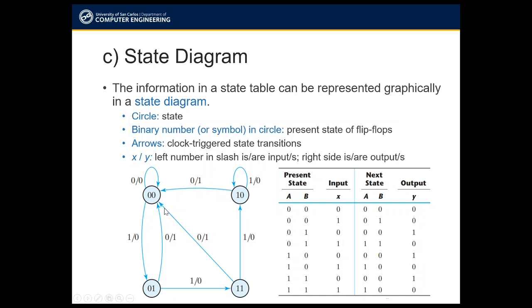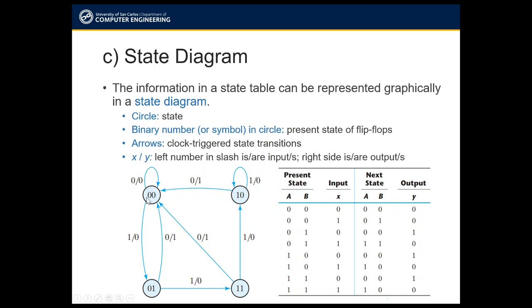So basically, if you follow the state diagram, if you are in state 00, you retain that state in the next clock cycle if your input is 0 and correspondingly its output is 0. That is based from the state table. Okay, 00 goes back to 00 if input is 0 and the output is 0.